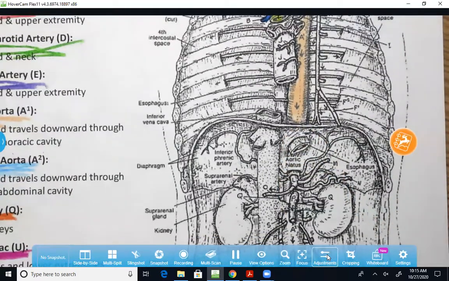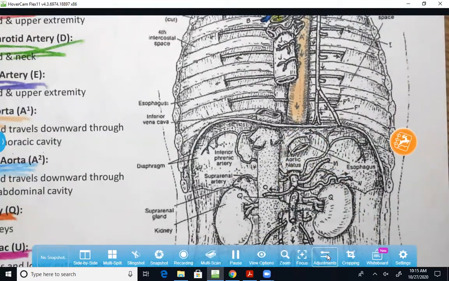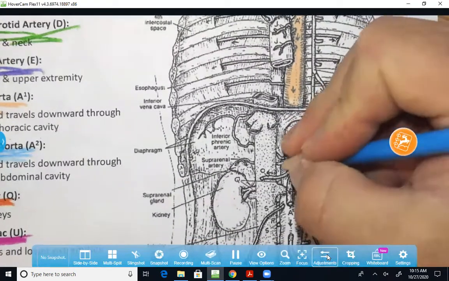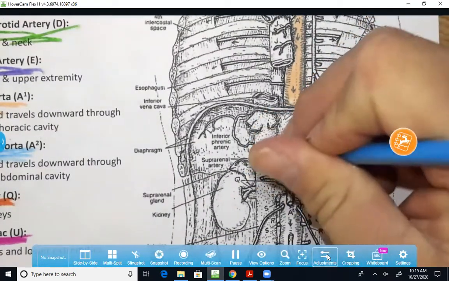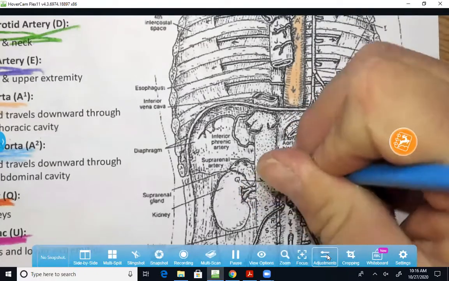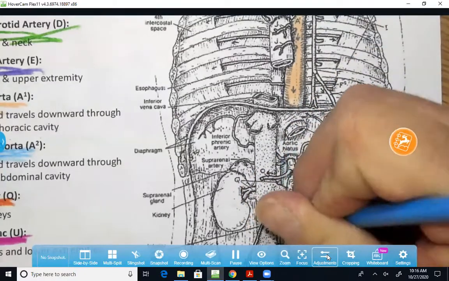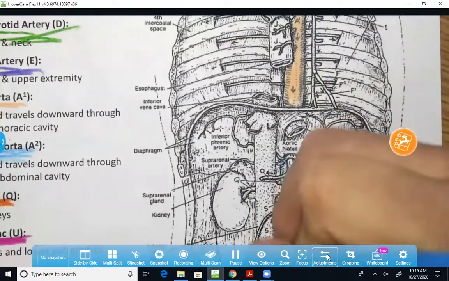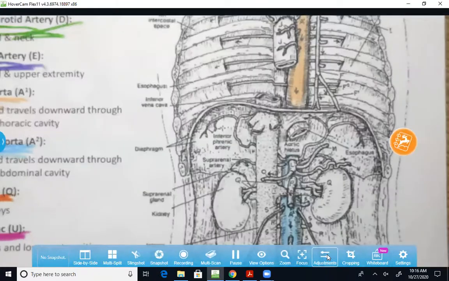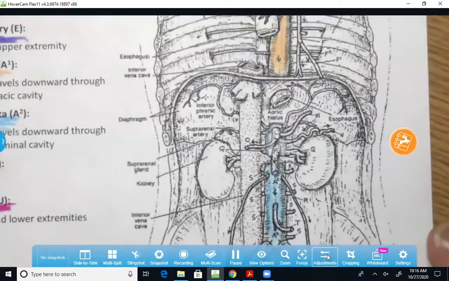We kind of lose sight of it until right down here where it's now going to be called the abdominal aorta, because it's in your abdomen.